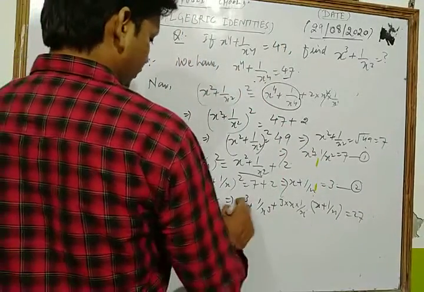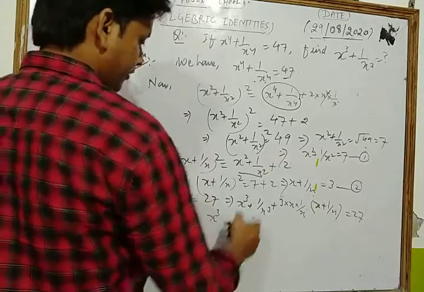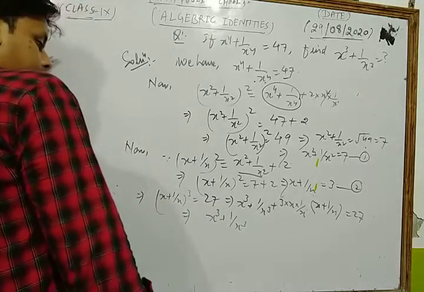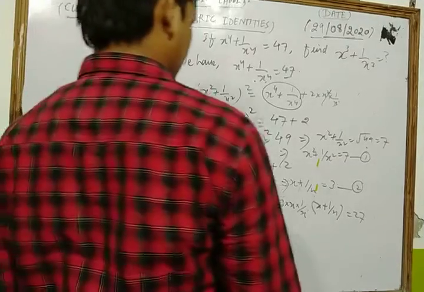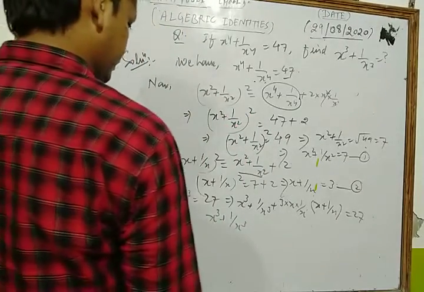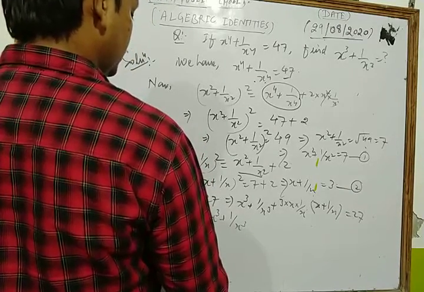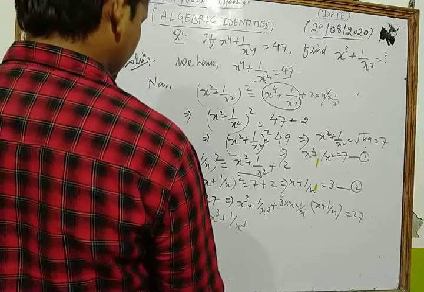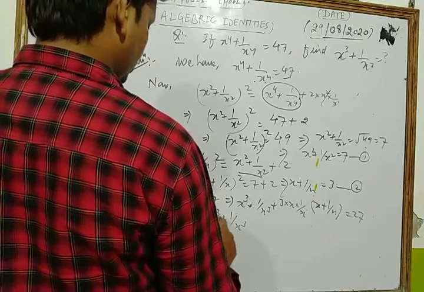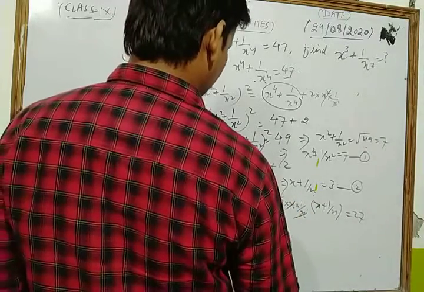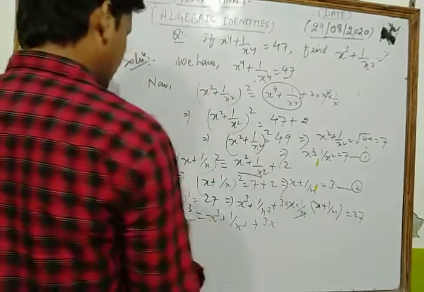Now look, we have x cube plus 1 upon x cube. The value of x plus 1 upon x is 3, so here we write 3 cube is equal to a cube plus b cube as it is, where the x's cancel together, plus 3 into the value of x plus 1 upon x, which is 3.